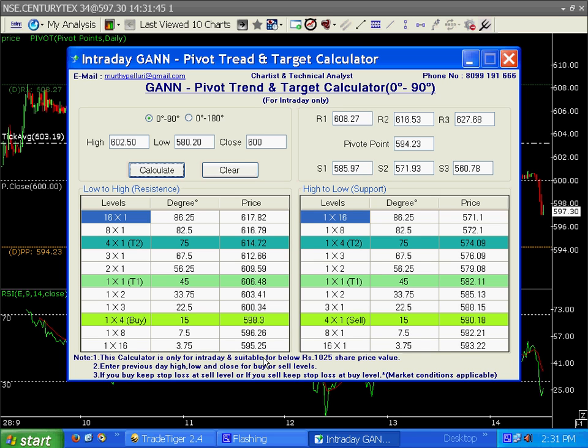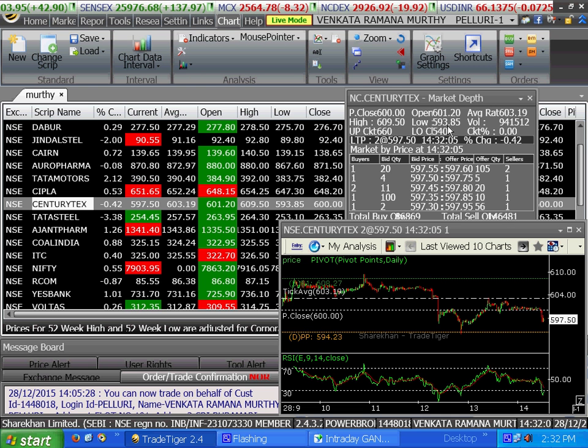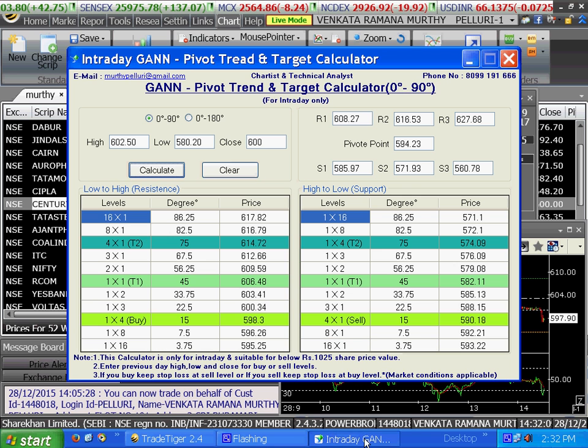From 608 it has slowly come down to 598, where it started, and then to the lower level, 593.85. Here it has just come to the selling zone in the first level, that is 3.75 degrees. Once we have made the money, we should not go for the sell. We have to wait for some more time, or we should not trade Century Textiles for this day.